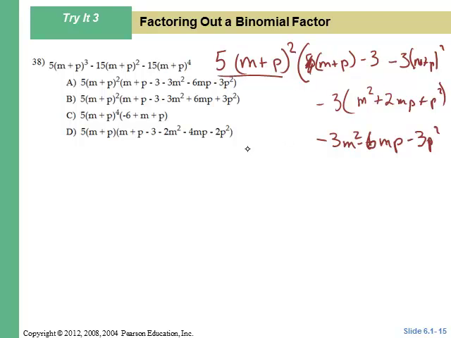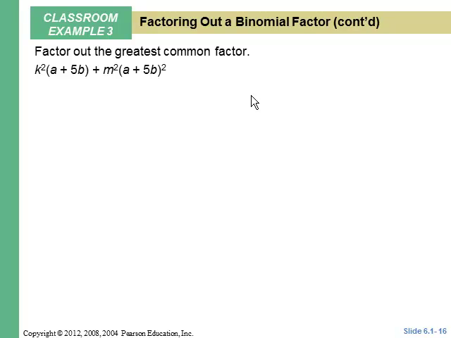So we have m plus p minus 3 in there also. Looks like it's this one up here, huh? Okay. Factor out the greatest common factor here.